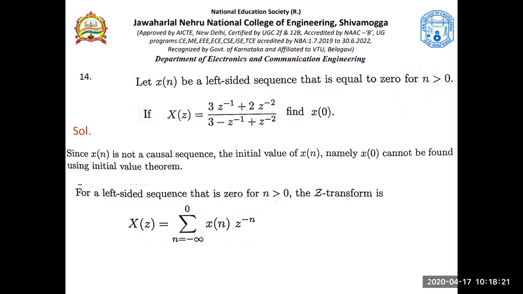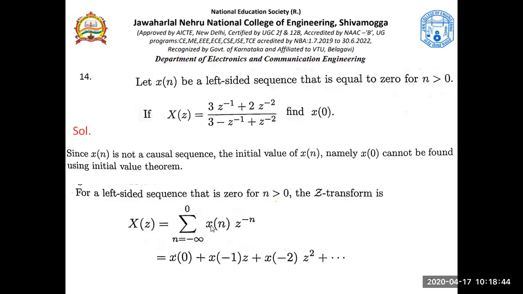Now, how can you expand this summation? We can expand this summation like this. I'm going from the 0th sample to the minus infinity sample. So what is the 0th sample? Substitute n equal to 0. It is x of 0 times z to the power of 0, and z to the power of 0 is 1.